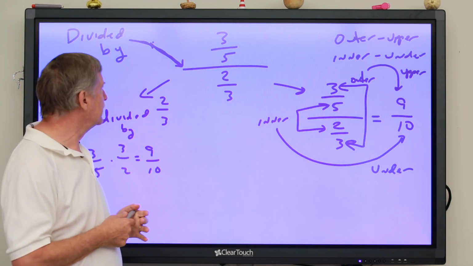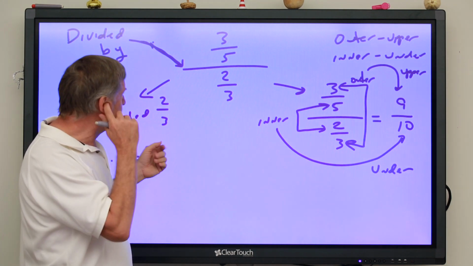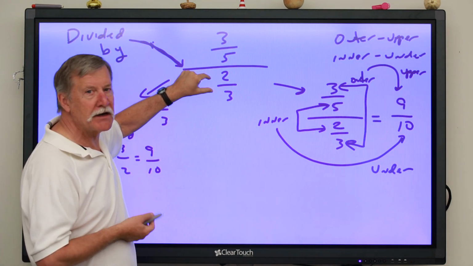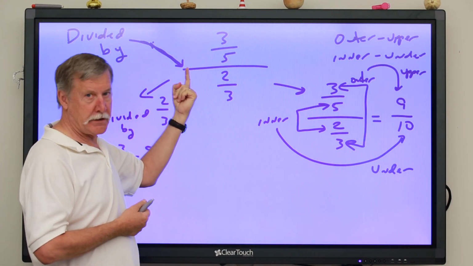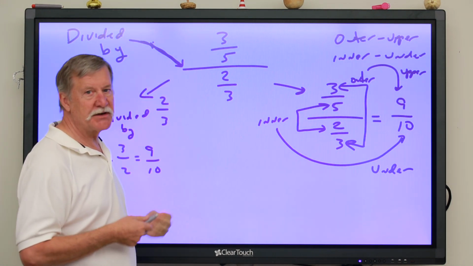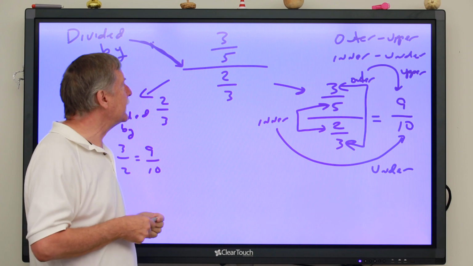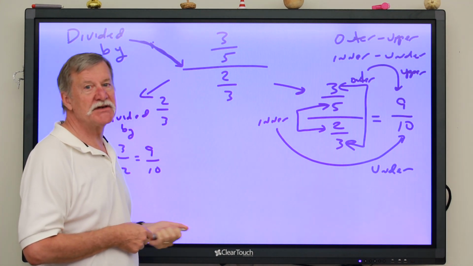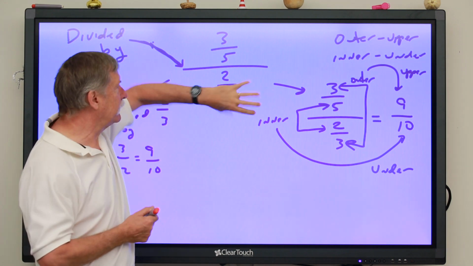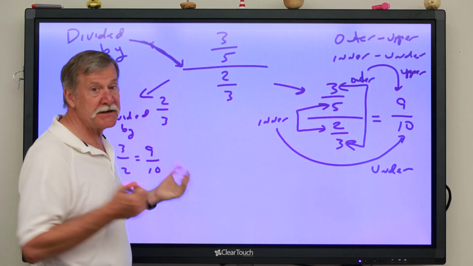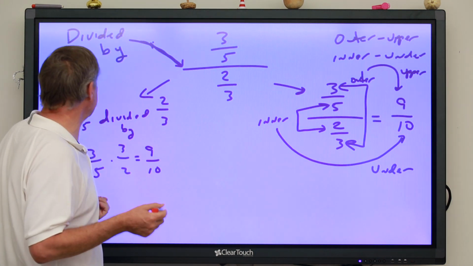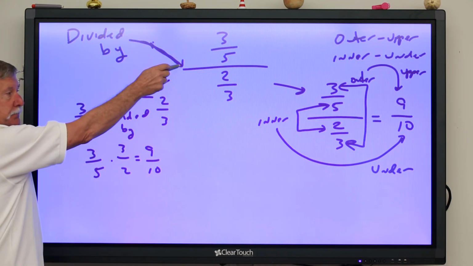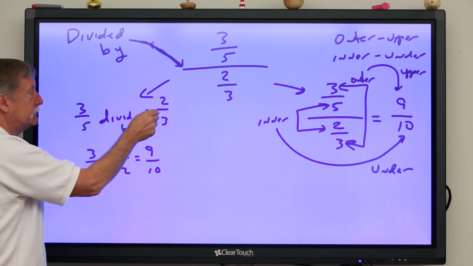So your book would tell you that what we need to do is make the denominator of the complex fraction equal to 1, because then we don't need it anymore. Something divided by 1 just kind of goes away. And you can make anything into 1 if you multiply it times its reciprocal. Flip it over. Which is basically what we do when we divide fractions anyway. I mean, this says 3/5 divided by, that's that big bar there, 2/3, right?